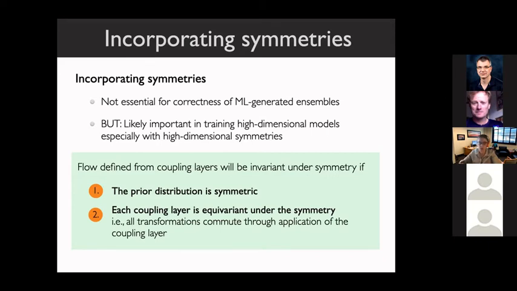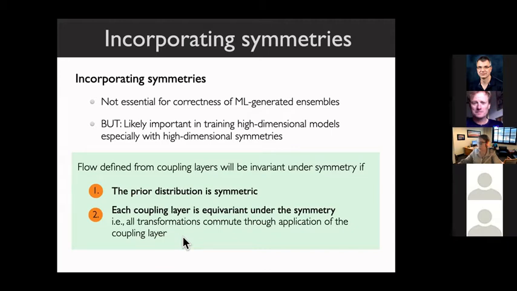And so you can define a gauge equivariant flow if you have a symmetric prior distribution, the original distribution that you sample from before putting your samples into your change of variables, and have each coupling layer be equivariant under the symmetry. So you need all transformations to commute through applications of the coupling layer.